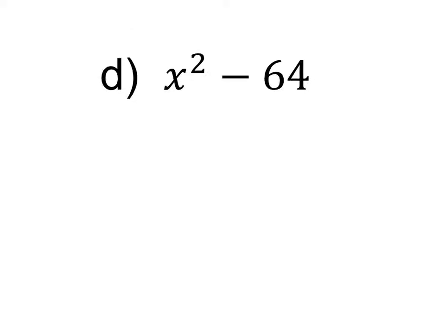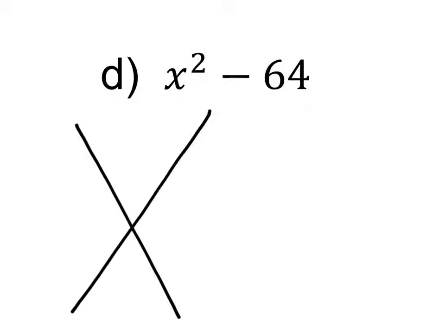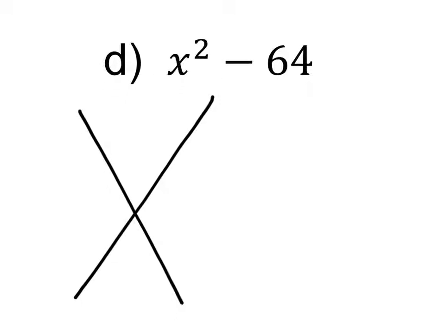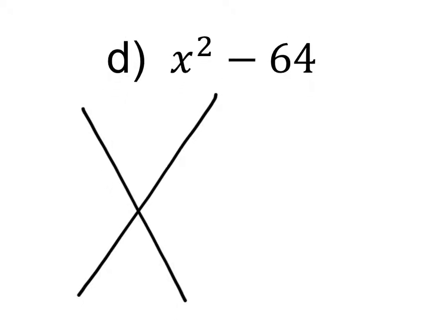All right, this last one, it's a little peculiar because it doesn't have a b term. All right, is there anything common to bring out to the front? No, they don't have anything in common. So we'll just make our x. All right, so this is A, this is C. So what is A times C?